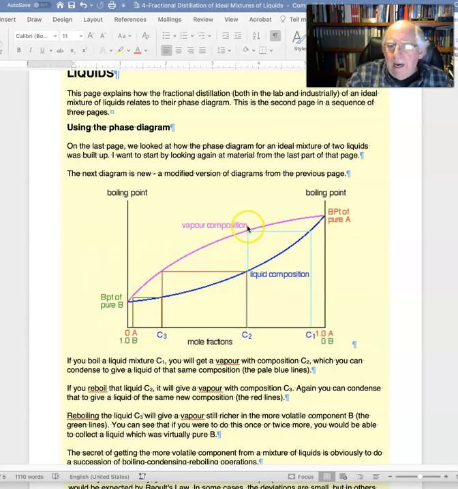And so our vapor has now gotten richer in B. Then if there is a place within the system where that vapor can feel a lower temperature, it can condense, and it would then go back into the liquid.